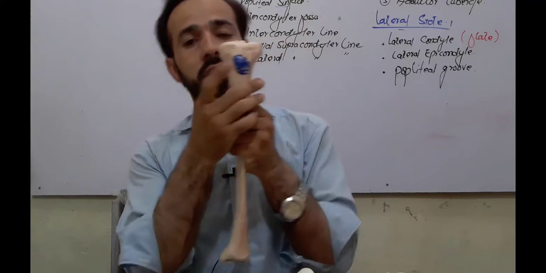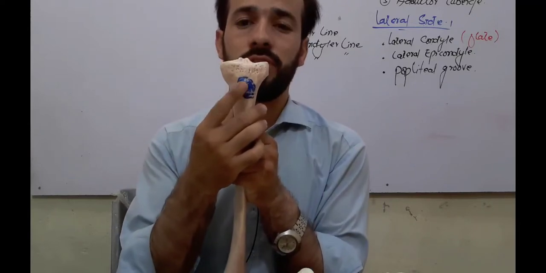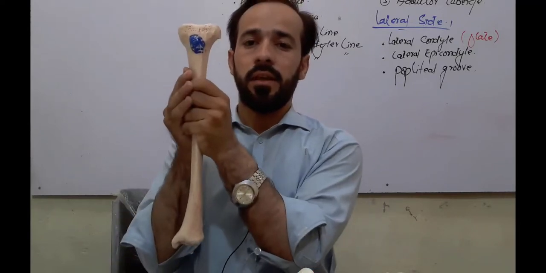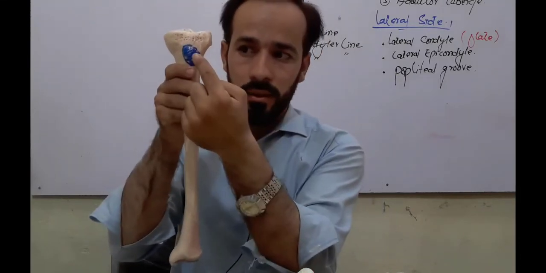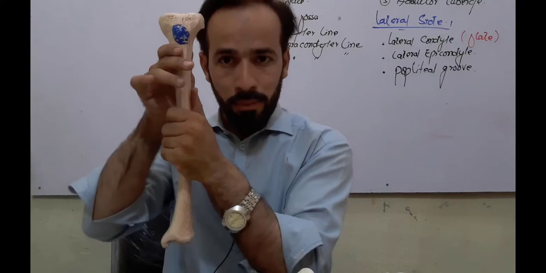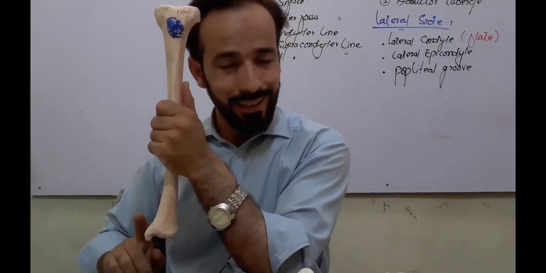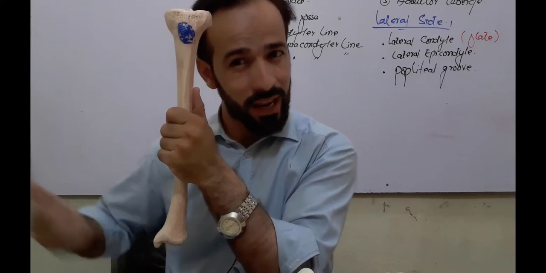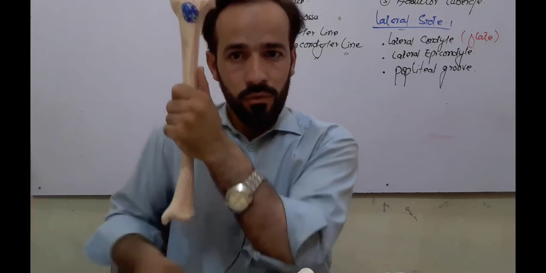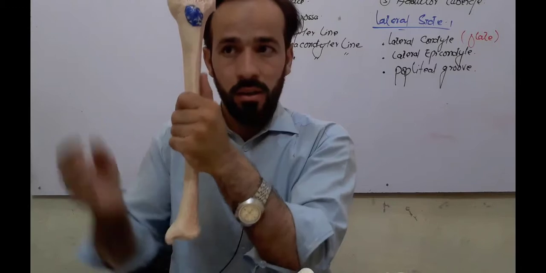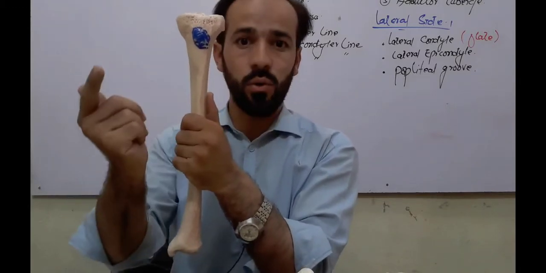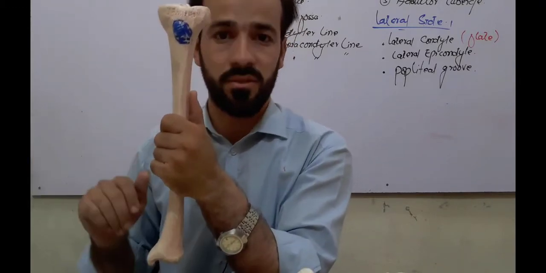Look carefully. If I keep this tuberosity anteriorly and I say this is the right tibia, look, the malleolus has gone laterally. If you consider this tibia as the right, the tuberosity is anterior, but the malleolus has gone lateral.